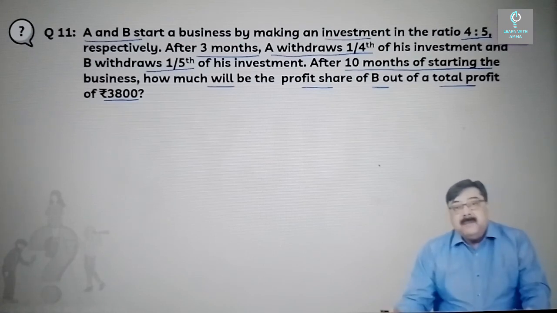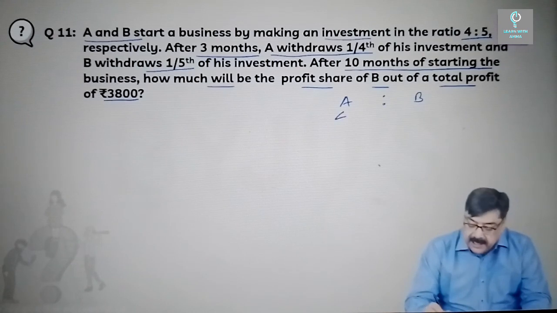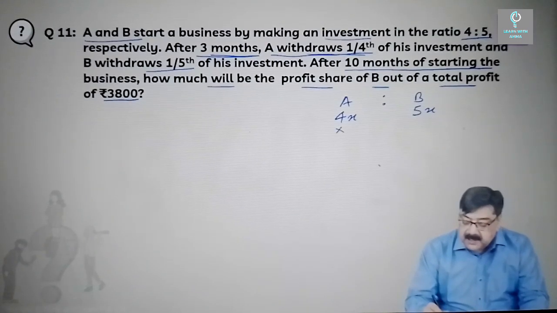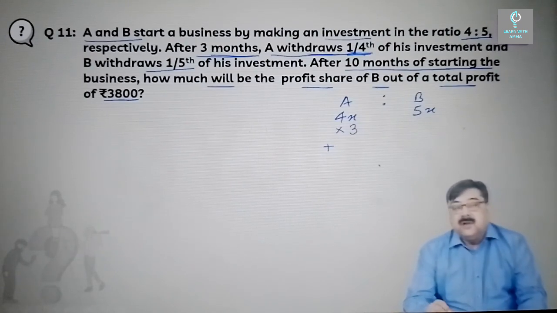Now the total investment made by A here, A has invested 4x and B has invested 5x initially. Investment of 4x remained in the business for 3 months. And then from this 4x, he has withdrawn 1/4 of his investment.